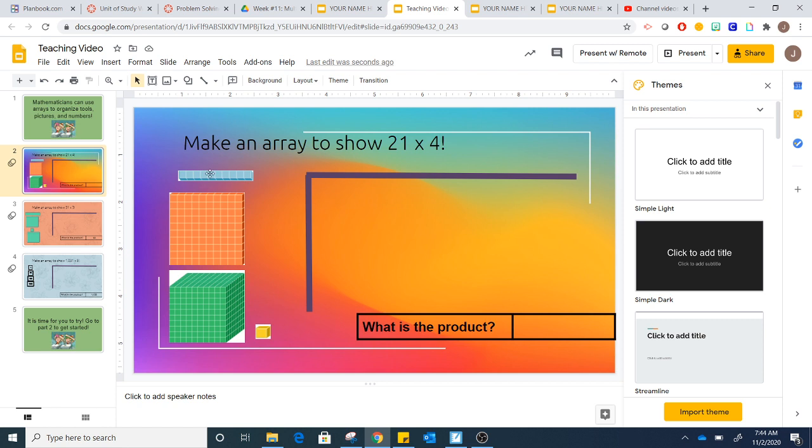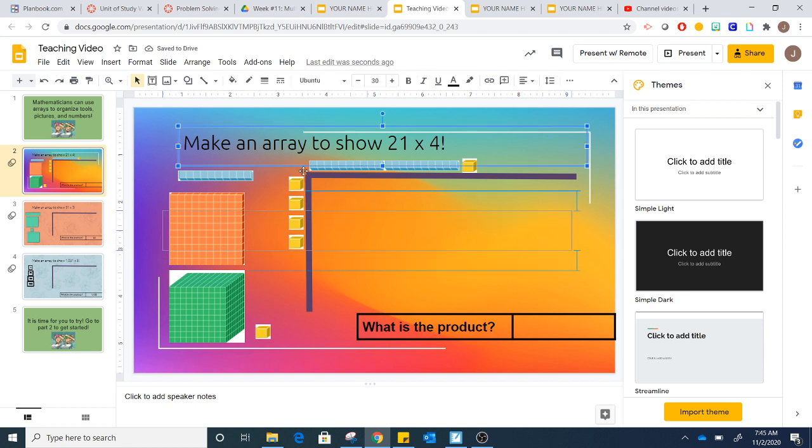So I'm going to make 21 with my tools here on this side. So there's 21. And I'm going to make 4 on the other side, because those are my two factors that I'm multiplying. So 21 times 4 is represented here.